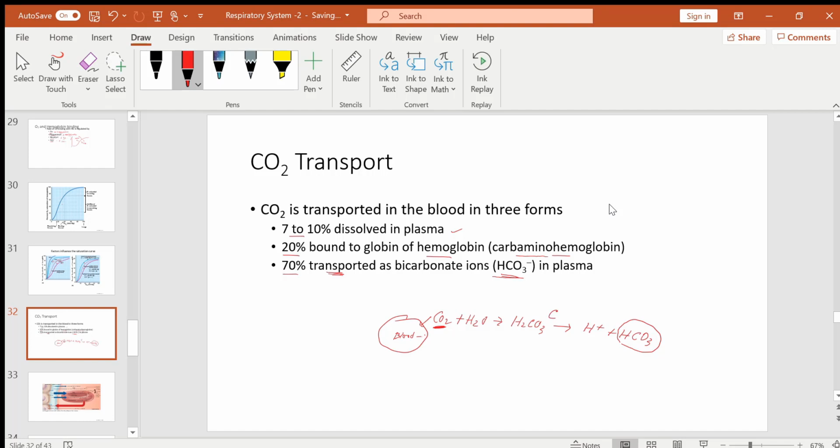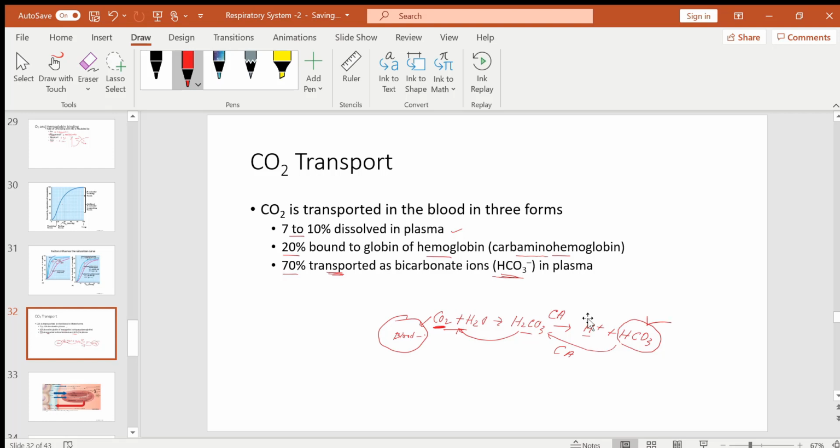The reaction occurs very fast, and when the bicarbonate needs to release the carbon dioxide, the opposite reaction will occur, again very quickly. So bicarbonate will produce carbonic acid, and carbonic acid will release the carbon dioxide and water. Okay, so that's how 70% carbon dioxide is carried by the blood as bicarbonate.